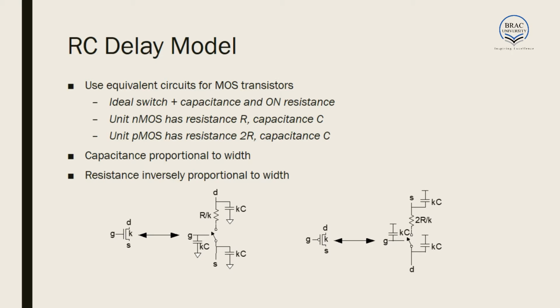Now we want to model the transistor using RC, that is, resistance and capacitance. So we are considering each transistor as an ideal switch which has a capacitance and an on resistance.